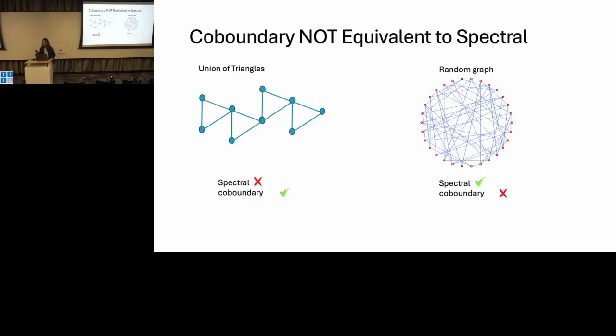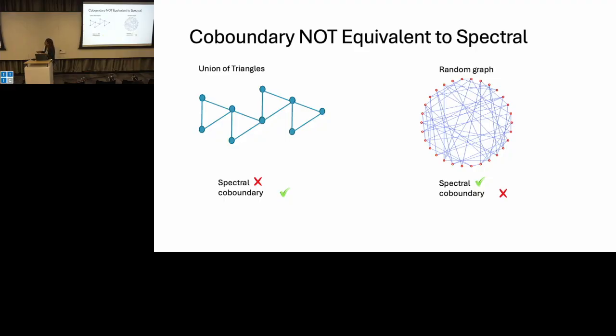So is some notion of coboundary expansion equivalent to edge expansion? A one-dimensional notion, defined appropriately, is equivalent. I defined a two-dimensional notion of coboundary expansion. So in one dimension for graphs, whatever you define turns out to be equivalent up to some constant factors.